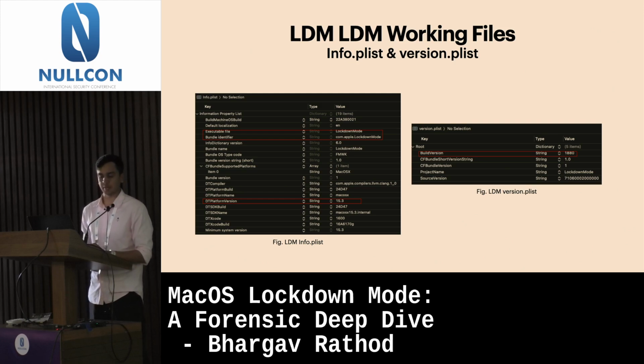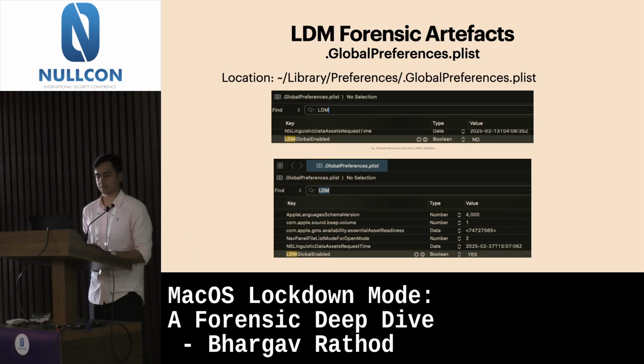In this case your macOS is 15.3, and it will tell you the build version, the project name, the source version. It changes after every update you get on macOS. This was done on 15.3 and currently I'm on the 15.4 beta because I do a lot of testing. The versions will change as updates are rolled out.